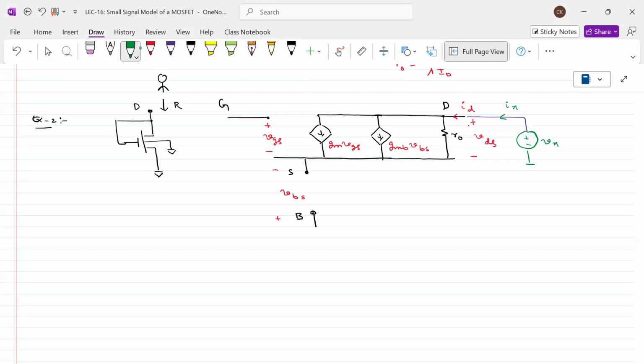What things should not be there? We don't worry about this one, it is not there. And what is the connection here? Gate and drain are shorted. Do you have any body effect? There is no body effect, which is the reason we kept that term as 0.